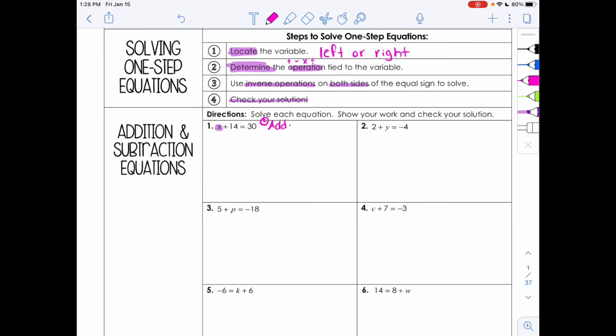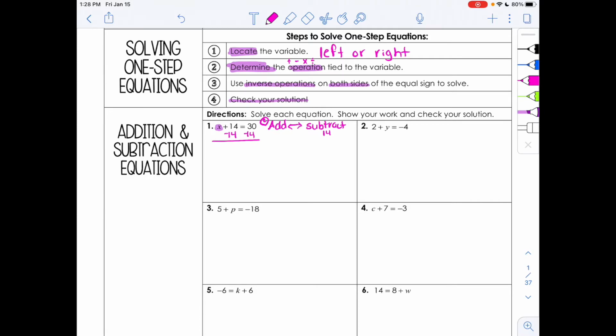So the inverse of addition is to subtract. So use the inverse operation on both sides of the equal sign to solve. So my inverse is going to be to subtract, and for this problem we're subtracting 14. So we're going to subtract 14 from both sides of our equation.